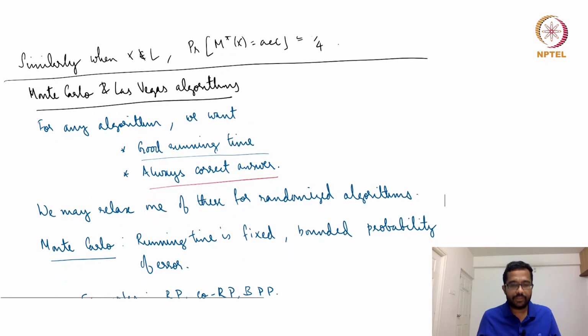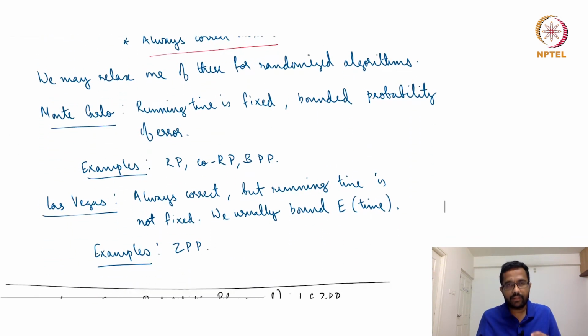Finally, we saw what Monte Carlo and Las Vegas algorithms are. Monte Carlo algorithms are those where running time is fixed but correctness changes because some errors are possible, so we bound the errors. Las Vegas algorithms are those where running time varies but they are always correct. So we bound the expectation of running time or something like that.